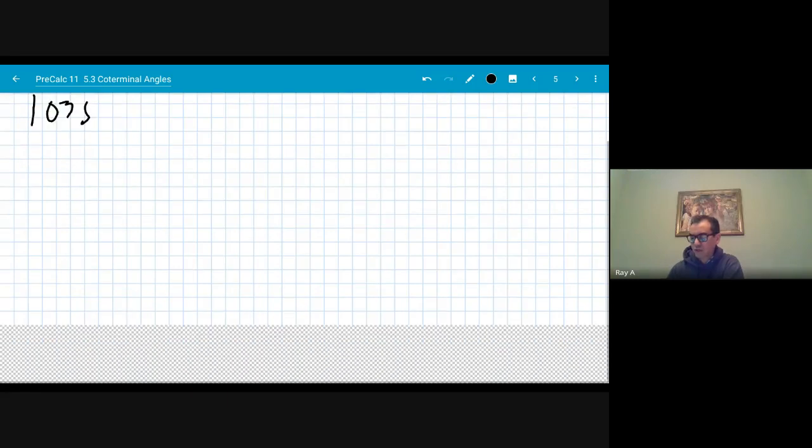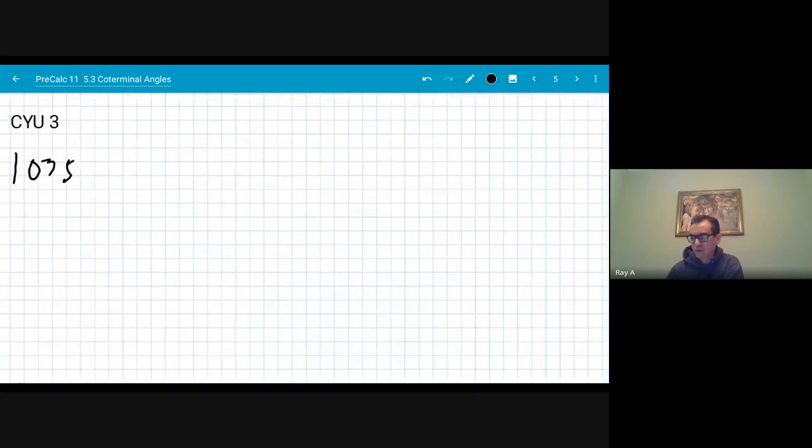That would be like going one full turn 360, another full turn 720, another full turn 1080. If you go another full turn, that would be too big. 4 full turns would be 1440 degrees.